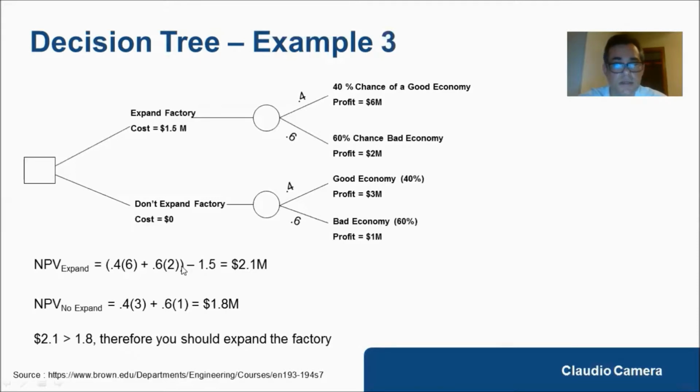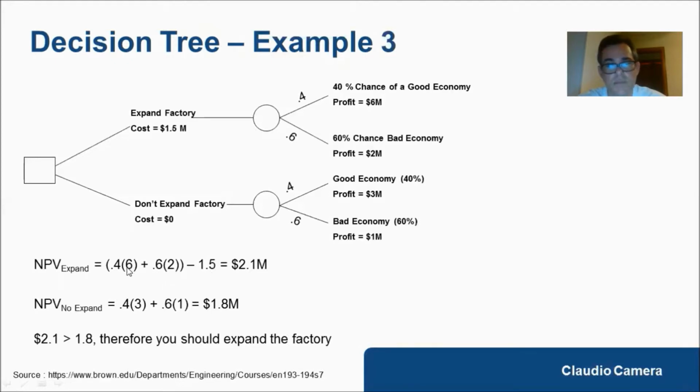And if you multiply 2 million by 60%, we have 1.2 million. And you cannot forget to take away the value of the investment, which is 1.5 million.